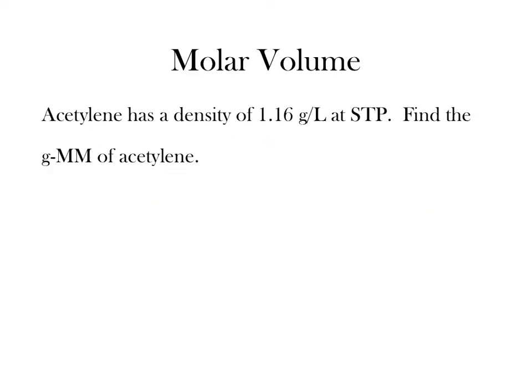Okay, what about acetylene? Acetylene has a density of 1.16 grams per liter. At STP, find the GMM of acetylene. That's the molar mass of acetylene. So if we've got density is equal to mass over volume, and if we're looking for the mass of a mole, the volume of a mole, or the mass of a liter, the volume of a liter, we've got 1.16 grams per liter.